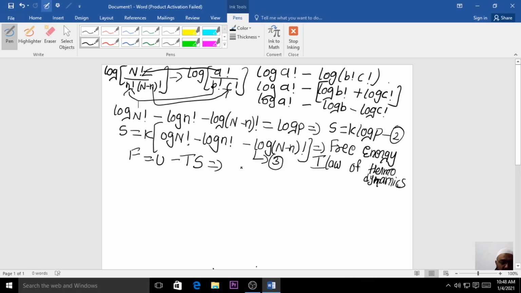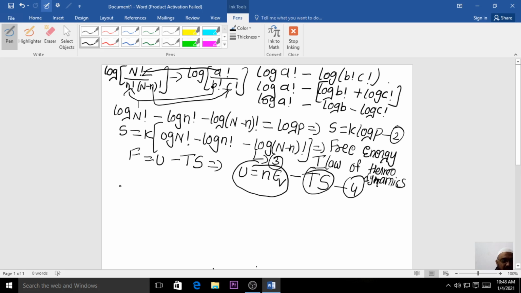So what is U? It is small n into, in the case of metal, EV, internal energy. We talk about internal energy minus T into S. Now this is equation number 4. So U is n into EV. This is U and this is Ts, separately.